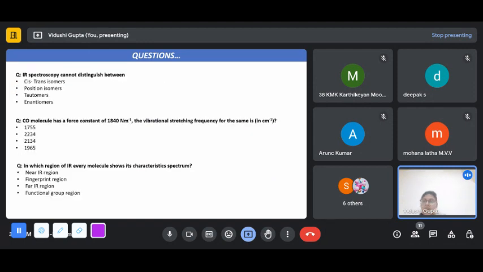Now the next question: IR spectroscopy cannot distinguish between cis and trans isomers, position isomers, tautomers, or enantiomers.